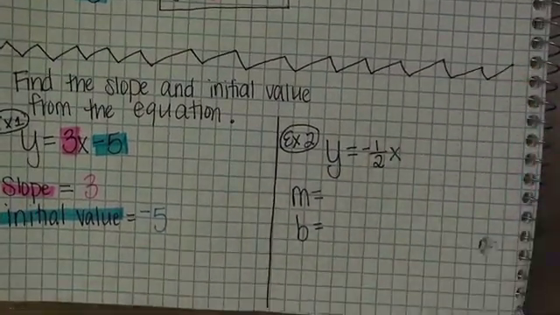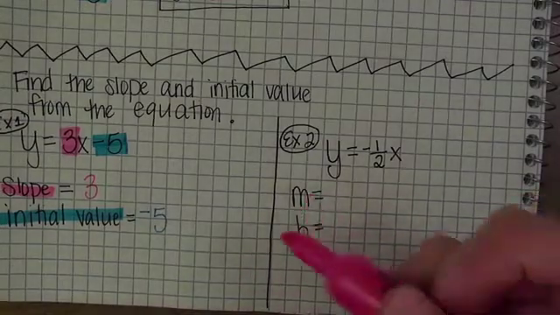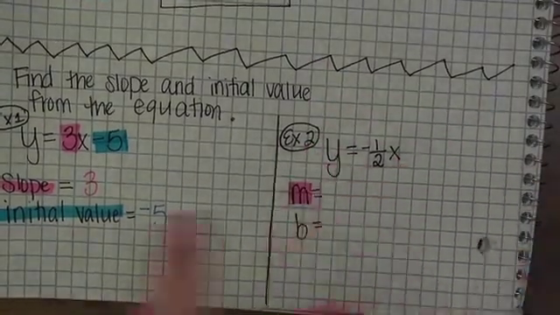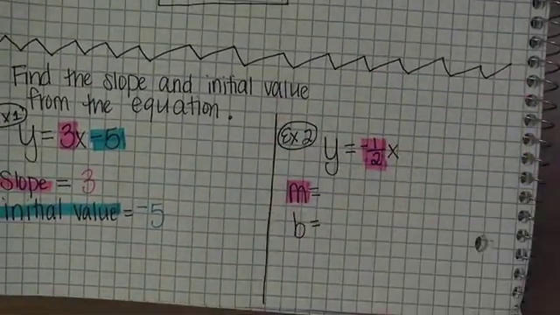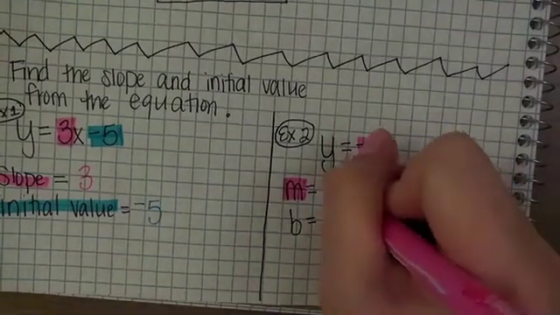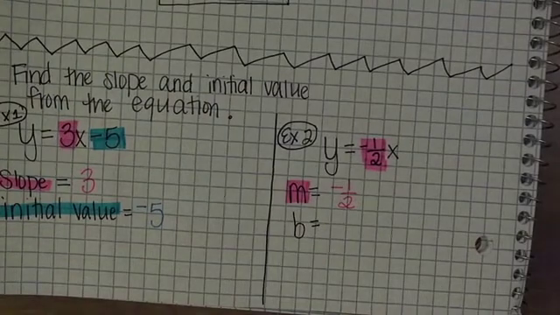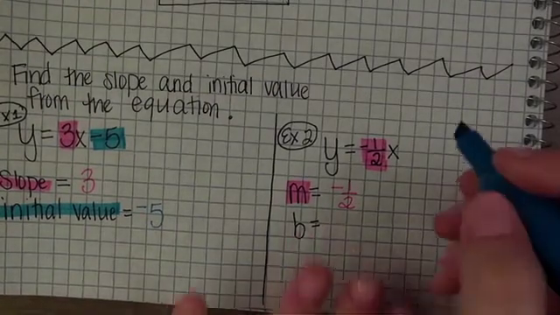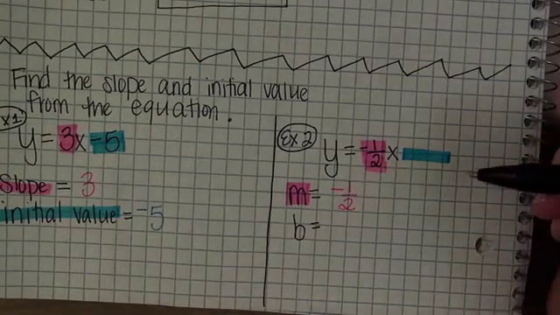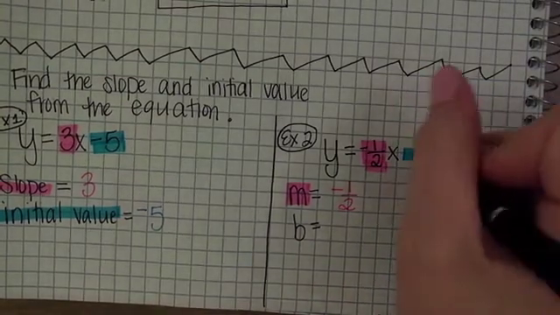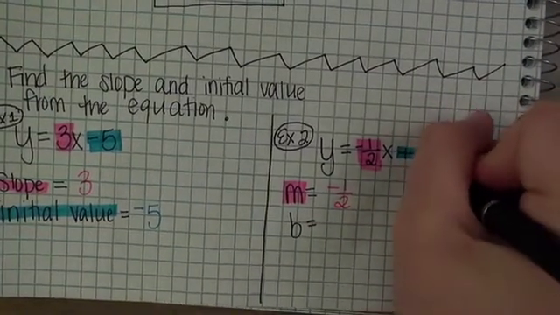Okay, let's look at this next one. Notice again, it's the same thing. The m means slope, and it's always the number with x. So our slope in this case would be -1/2. Now, there is nothing adding or subtracting at the end. So if there's nothing adding or subtracting there, what does that mean? Think back to the lessons that we've been doing.